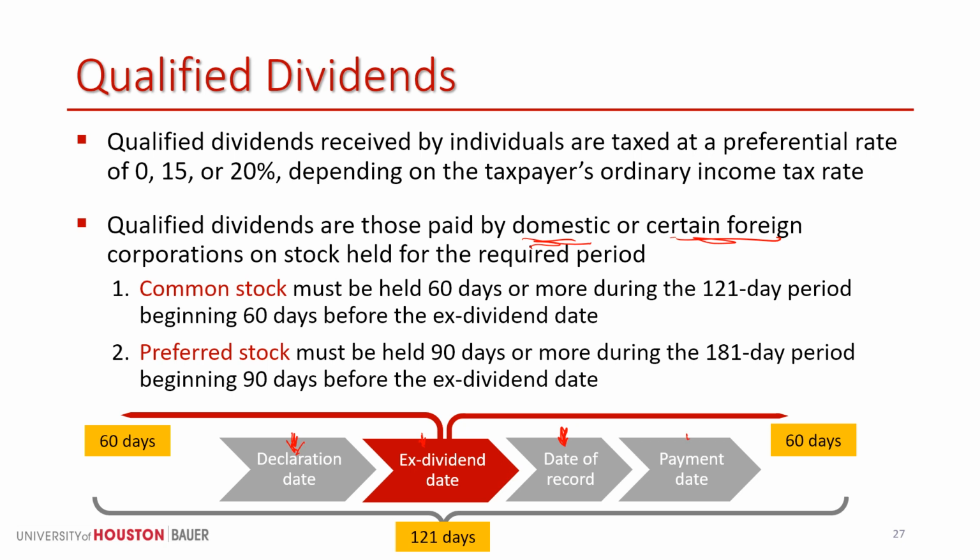So on that ex-dividend date, we're going to go 60 days out in both directions, and the shares must be held for 60 days within a 121-day period. So you have to buy the shares sometime before the dividend to be eligible for the dividend, and then you have to hold it 60 days after you buy them. For preferred stock, we simply lengthen that period. So now within a 181-day period, the shares must be held for at least 90 days.